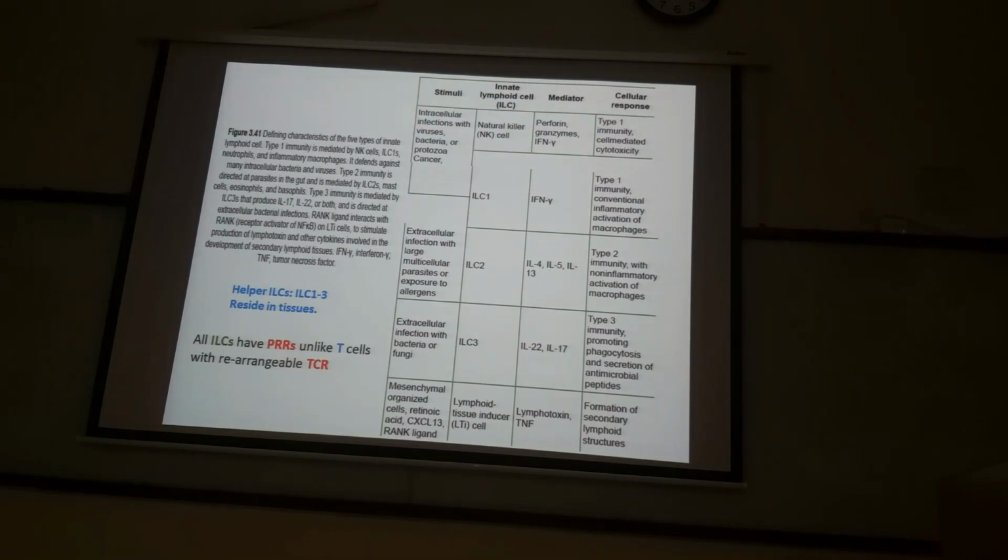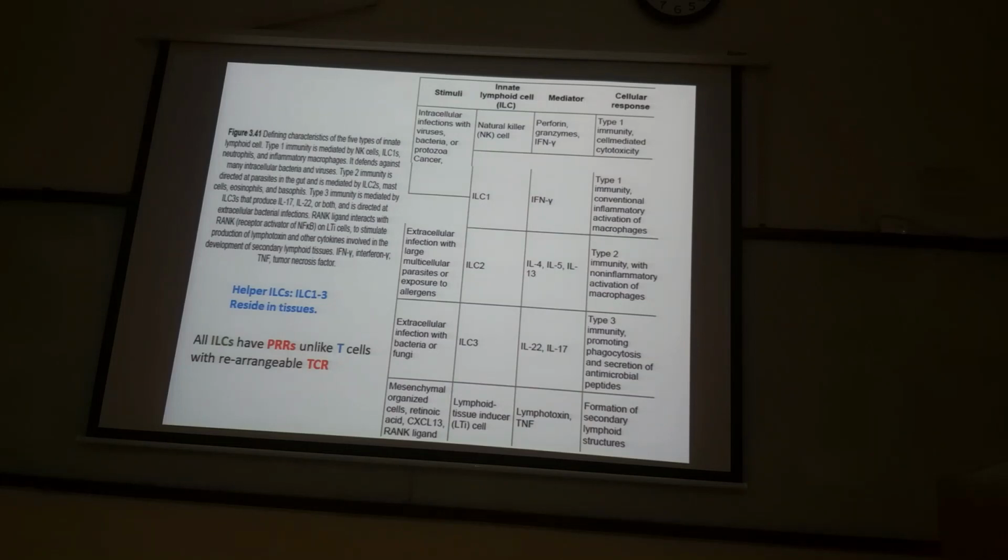Okay? In type 2 immunity, there would be non-inflammatory activation of the macrophage. And the macrophages, they are going to secrete, for instance, interleukin 4 or interleukin 5 or 13. ILC2s are going to secrete these.